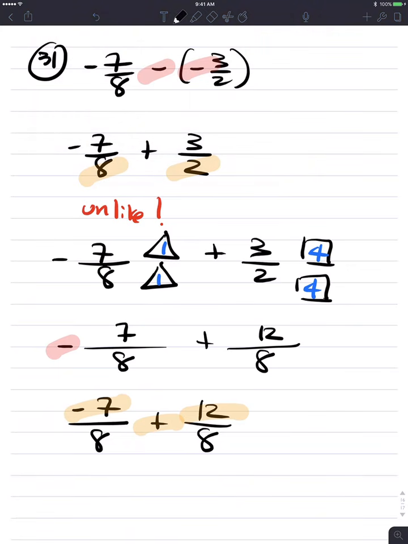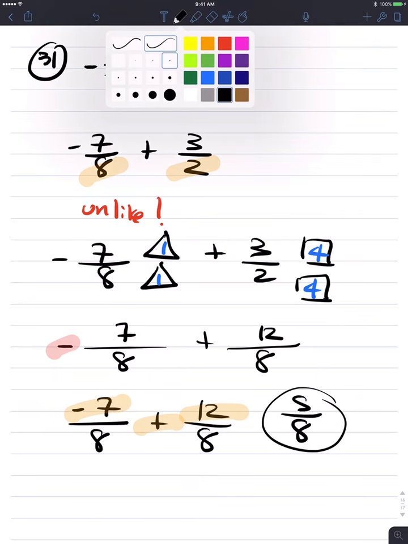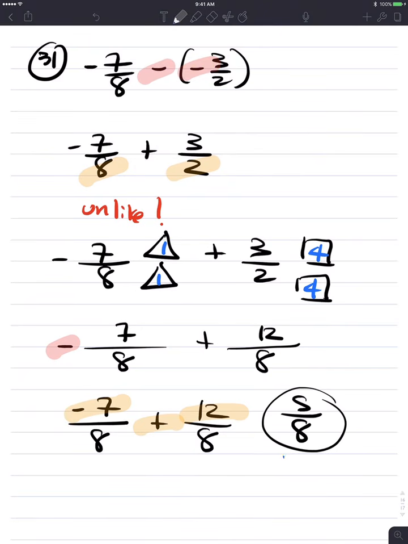You end up with negative 7 plus 12 is 5. 5 over 8. Notice, 5 is prime in the numerator. The denominator has an 8. 8's not prime. We can write 8 as 2 times 2 times 2 as a product of its prime factors. Notice that 5 doesn't cancel with any of the 2's. You're done.